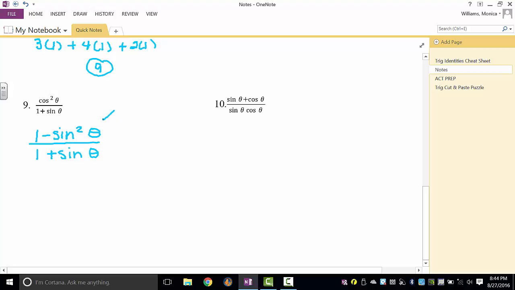For this problem, you will have to factor. Normally when you have to factor, I will give you that hint to let you know that you have to factor. So we factor the numerator using the difference of 2 squares. So it factors into 1 minus sine theta and 1 plus sine theta.